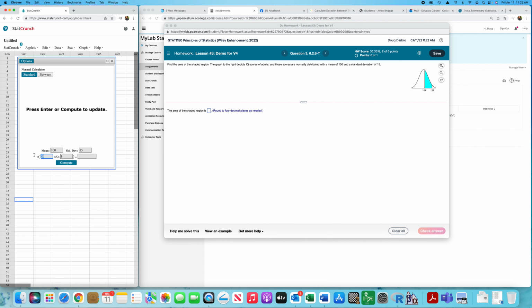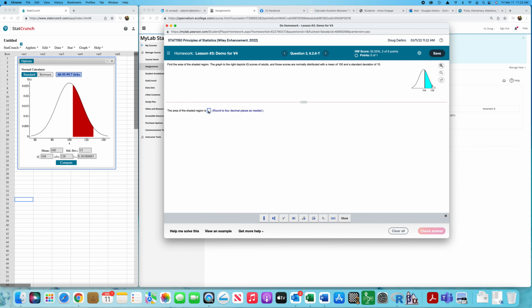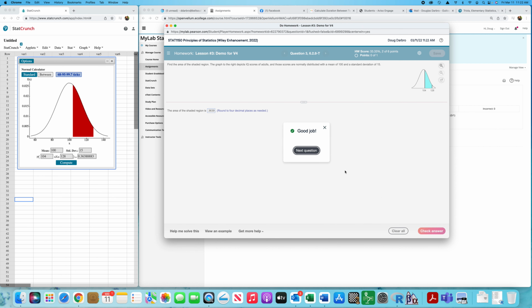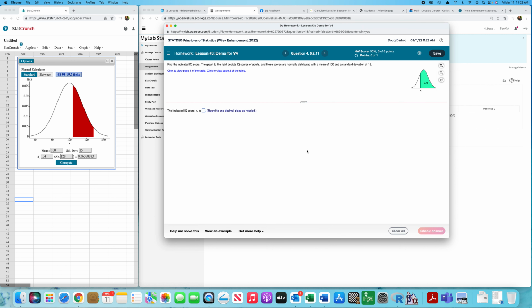We need from 104 to 128. The area is rounded to 4 places, 0.3639. All right, these are going pretty fast, right?